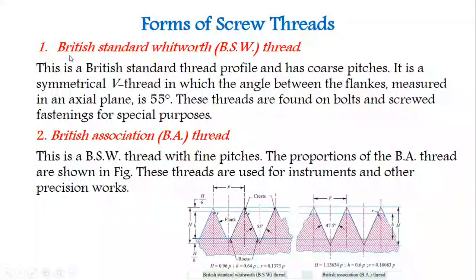First, the British Standard Whitworth (BSW) thread. This is a British Standard thread profile and it has coarse pitches. It is a symmetrical V thread in which the angle between the flanks, measured in the axial plane, is 55 degrees, as shown in the figure.